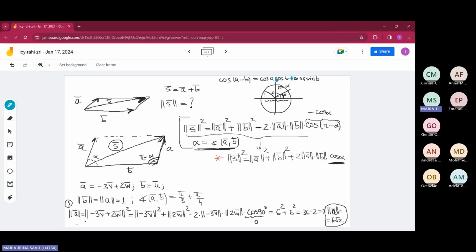Sorry, I was in a hurry and I have written the wrong sign. So please modify here. Well, how do I find the length of this sum?